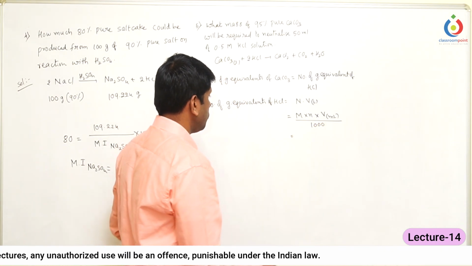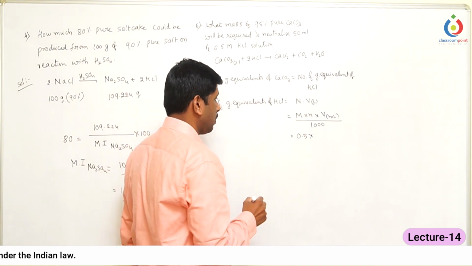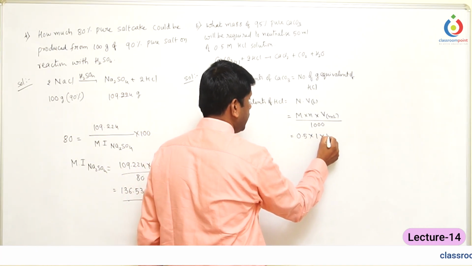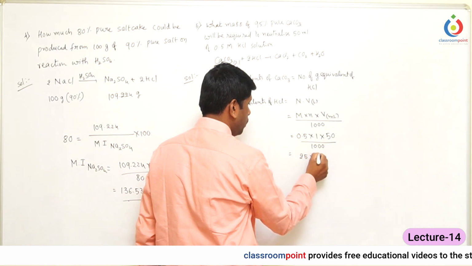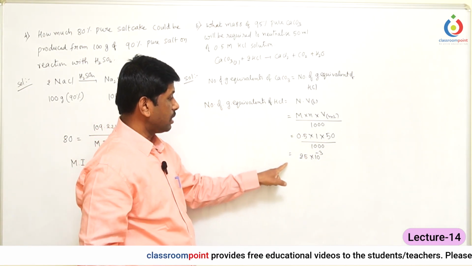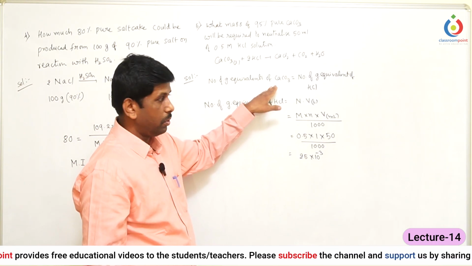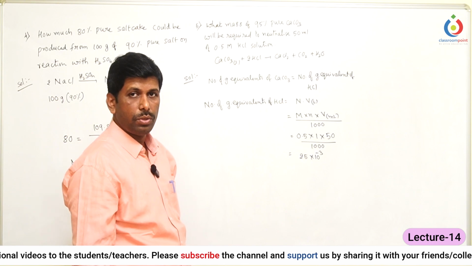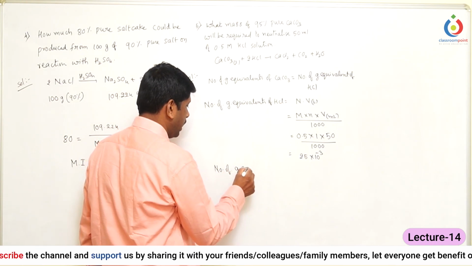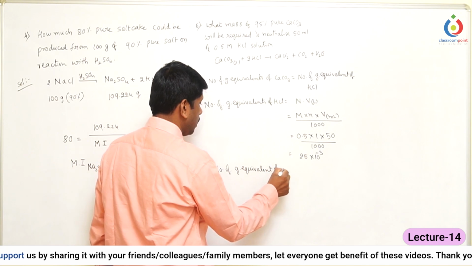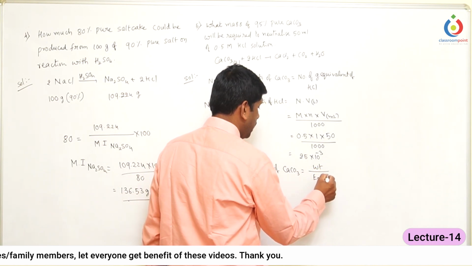Given molarity is 0.5. Basicity of HCl is 1 because it can release only 1 H plus on reaction. And given volume is 50 divided by 1000. So you can write 25 into 10 power minus 3 gram equivalents of HCl. But we have said already that the number of gram equivalents of HCl equals the number of gram equivalents of CaCO3, so gram equivalents of CaCO3 is also 25 into 10 power minus 3. Number of gram equivalents of CaCO3 is weight divided by equivalent weight.